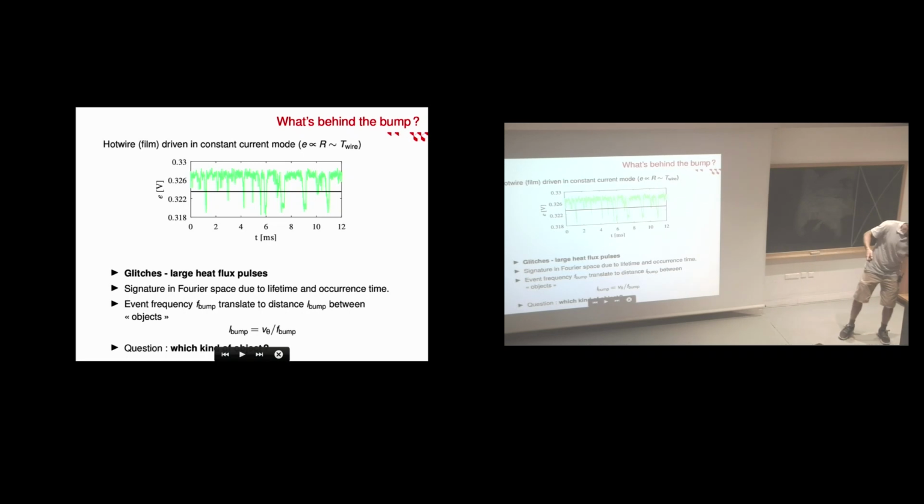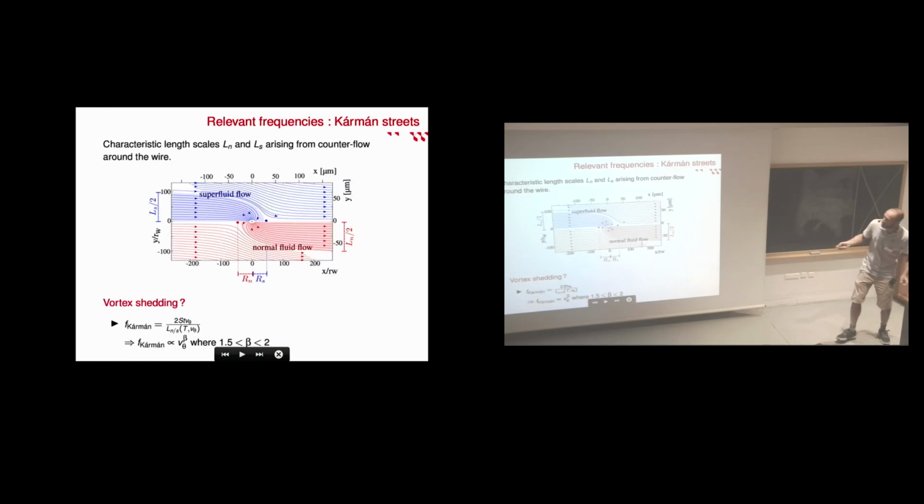I don't have time to detail this one, but we have thought about some kind of Kármán streets that could develop due to the thermal pattern that develops around the wire in helium-2.